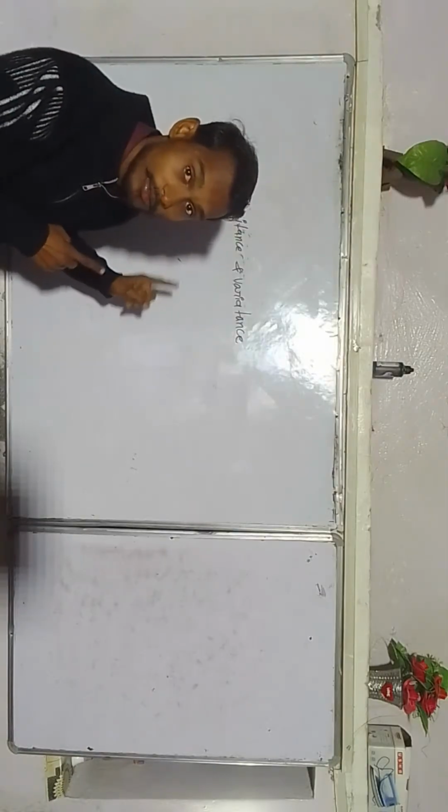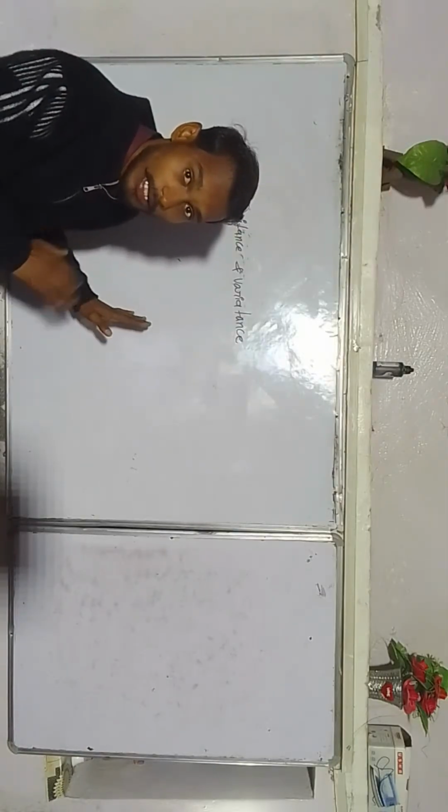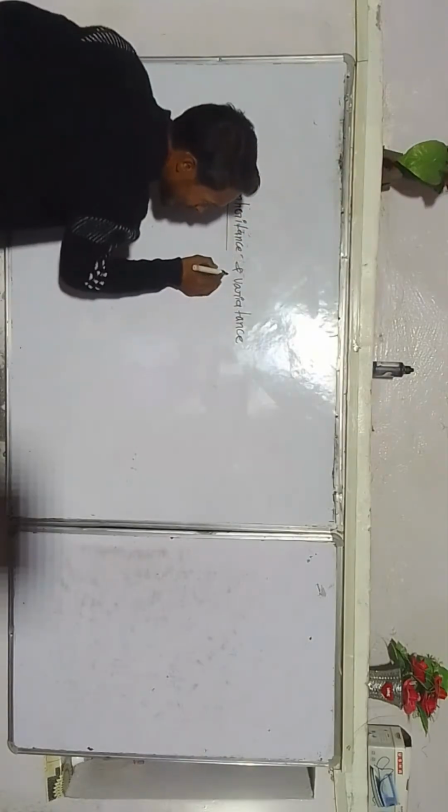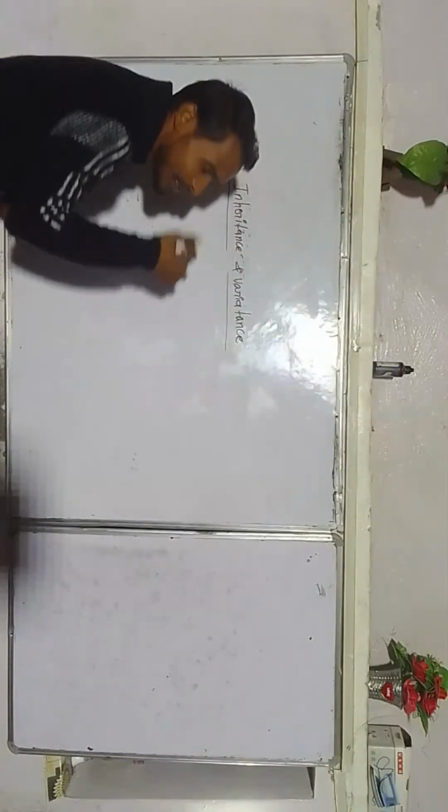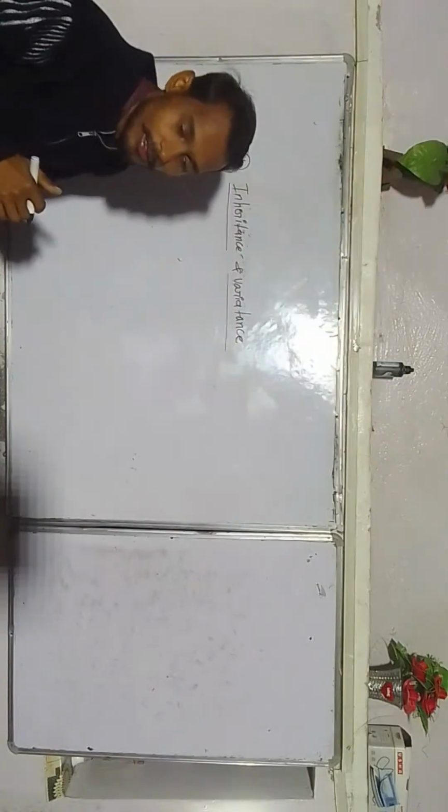So you need to learn it the proper way as we teach. In this chapter, firstly we discuss inheritance, what is inheritance. After this, we are going to discuss variation. What is variation? One by one, let us discuss.